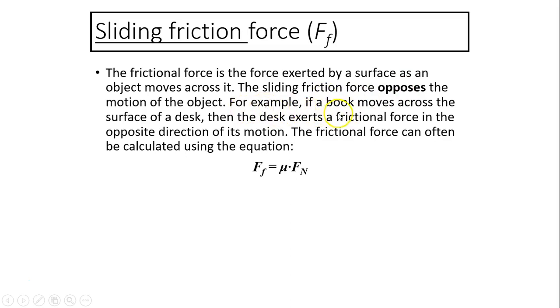For example, if a book moves across the surface, then the desk exerts a frictional force in the opposite direction of its motion, of its velocity. The frictional force can be found using this equation. We know the direction is opposite of velocity, and this is how we find the magnitude. Again, we're going to go over this equation later on in detail.